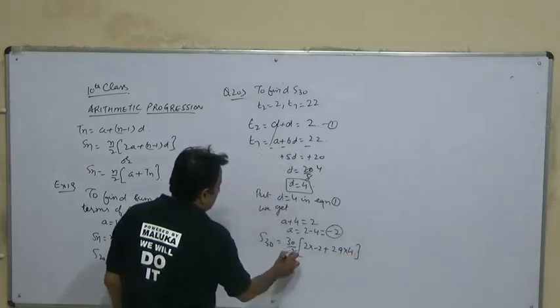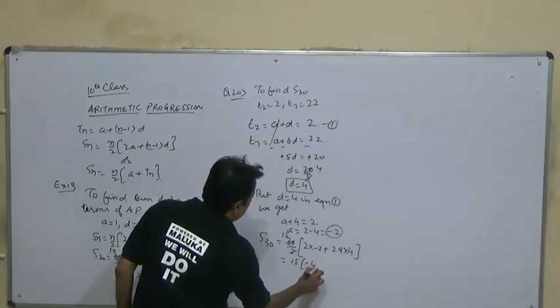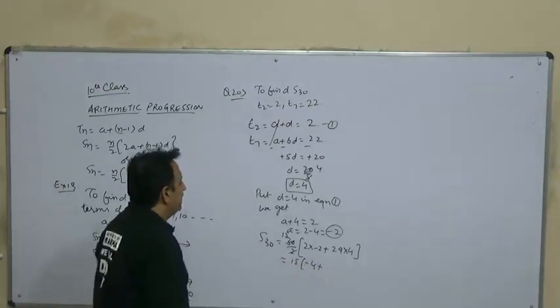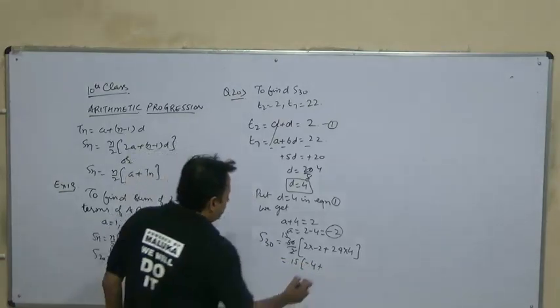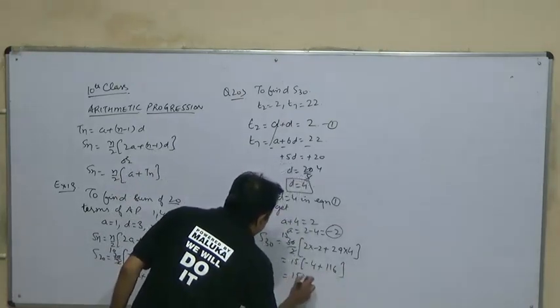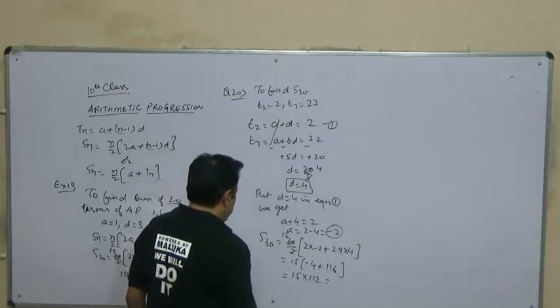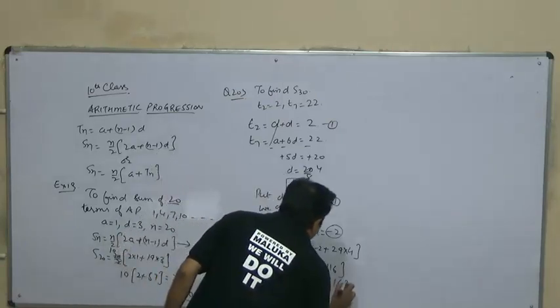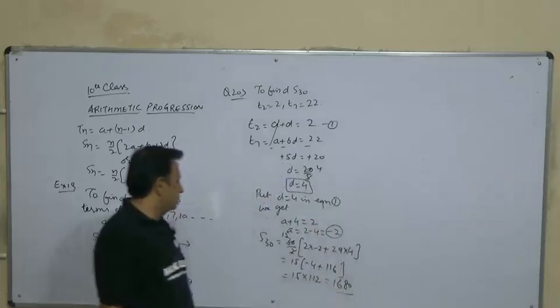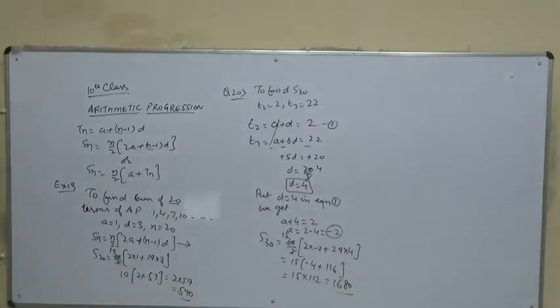This cancels out with 15, so 15 into minus 4 plus 116, which is 15 into 112, which will be 1680. So this will be your answer. The sum of 30 terms will be 1680.